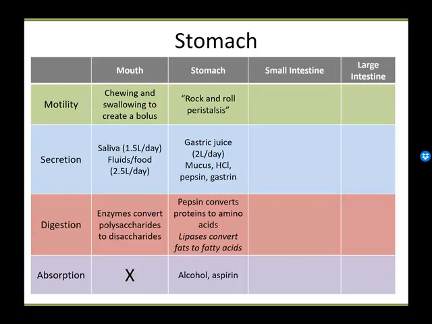Despite all this breaking down going on, all this mixing and rolling, we don't really absorb a whole lot here in the stomach. Really, all we absorb is alcohol and aspirin. And aspirin really technically isn't considered a food, but I list it here because maybe you know this. Aspirin can irritate our stomach if we take certain uncoated versions of it.